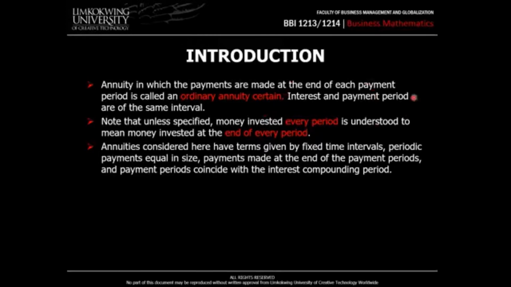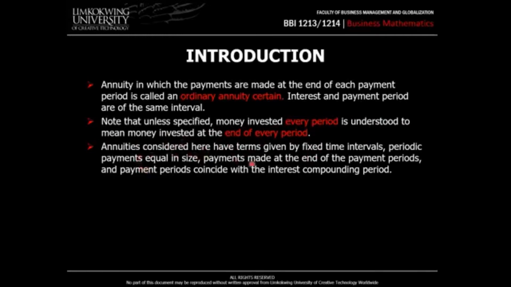Interest and payment period are of the same interval as well. So when you make the payment, the interest will also be charged. Note that unless specified, money invested every period is understood to mean money invested at the end of every period.